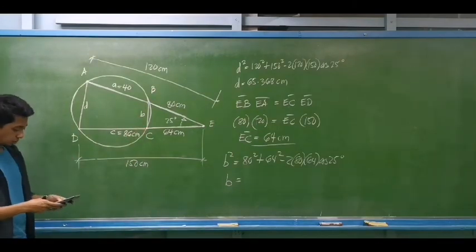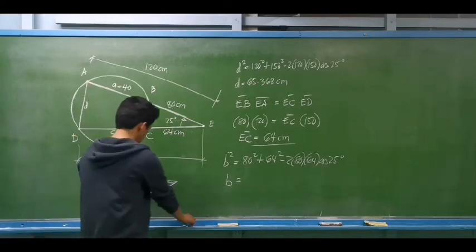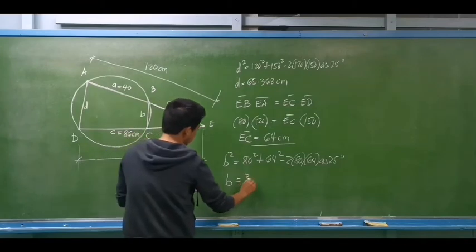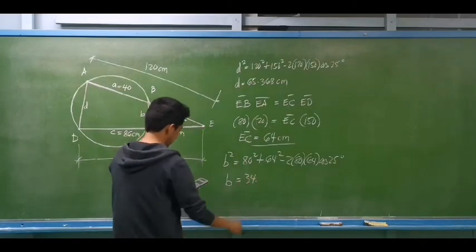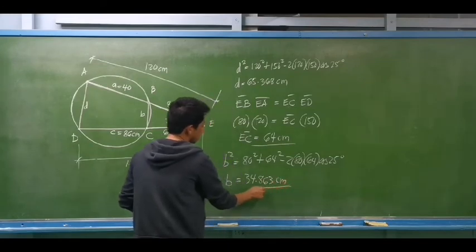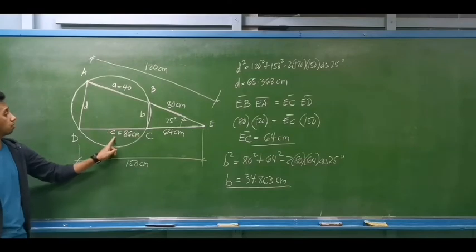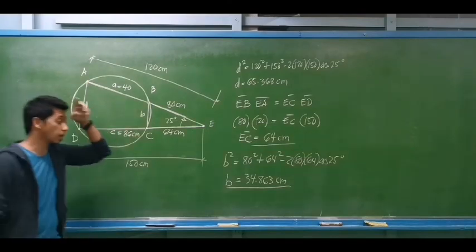Square root, so meron tayong value ng 34.863 centimeters. Ayan, meron na tayong dimension ni A, dimension ni B, dimension ni C, tsaka dimension ni D.